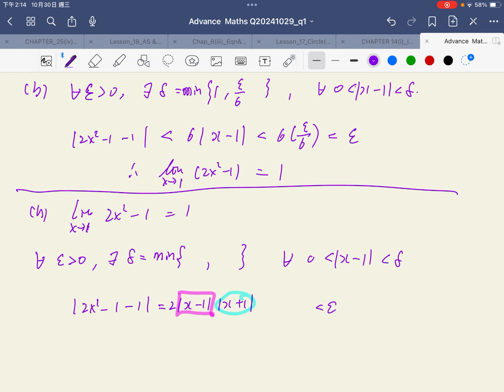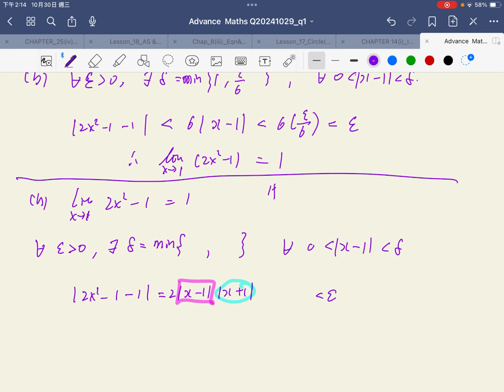Now if we choose absolute x minus 1 less than 0.1, then by the triangle inequality, x plus 1 equals x minus 1 plus 2, which is less than 0.1 plus 2, which is 2.1.